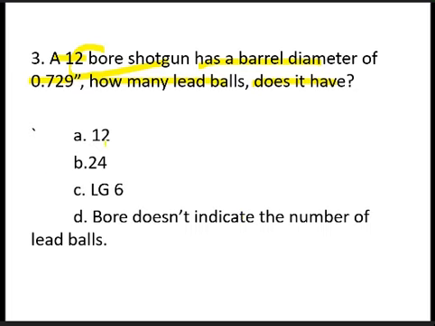First choice, we have 12. Second choice, we have 24. Third choice, we have 6. And fourth choice, we have bore doesn't indicate the number of leads. Okay. So, sa 12-bore shotgun daw, pila ka leads or pila ka shots ang nasa sulod. Does it have 12-bore? 0.29 inches.